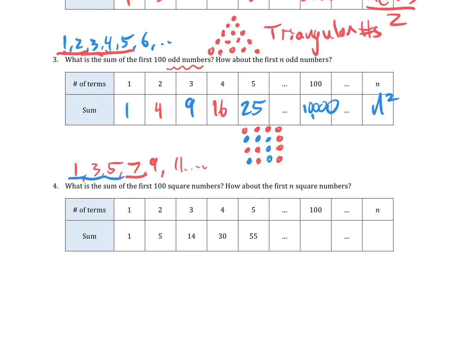Well, what if we add the square numbers? So the square numbers are 1, 4, 9, 16, 25, 36, and we end up getting these numbers: 1, 5, 14, 30, 55, and so on and so forth. Well, this pattern is a little more complicated. You can work on it if you want to pause and explore.